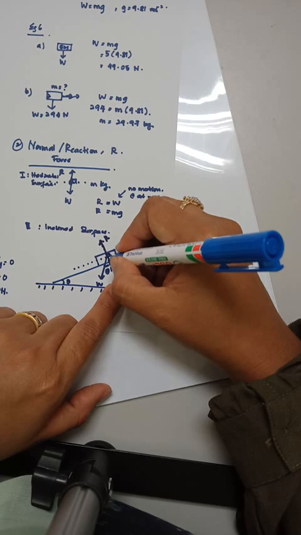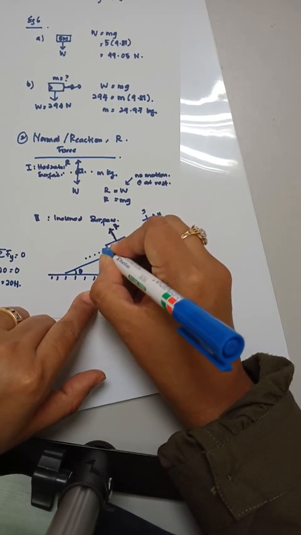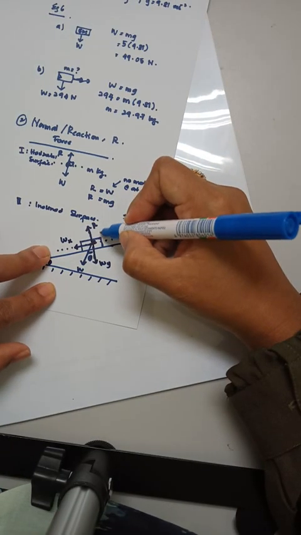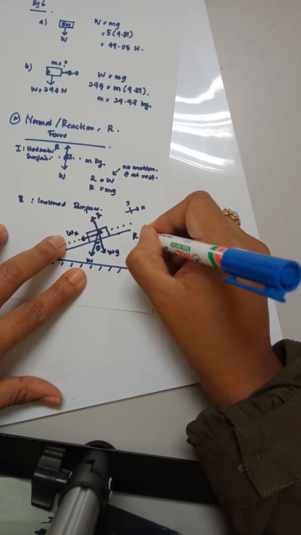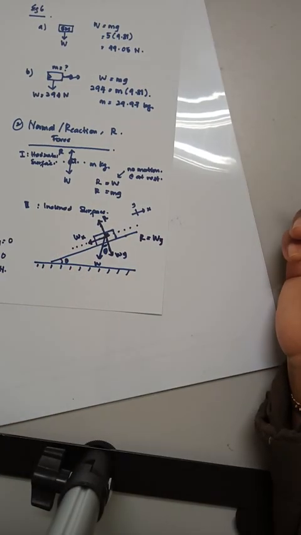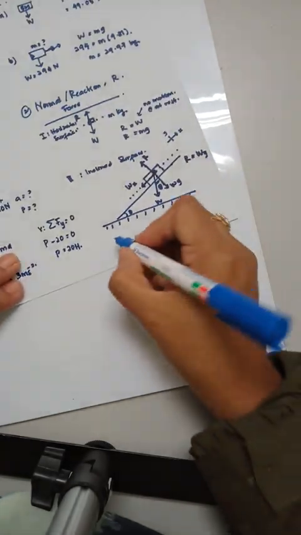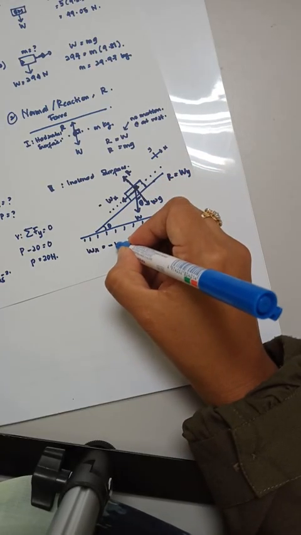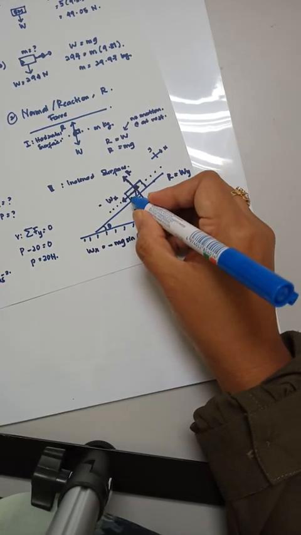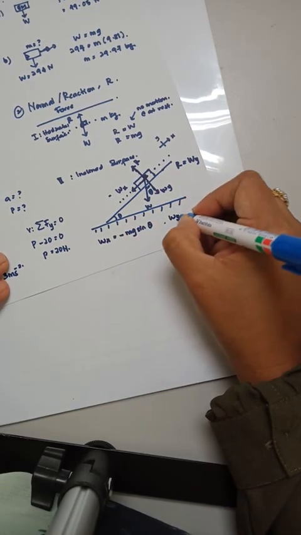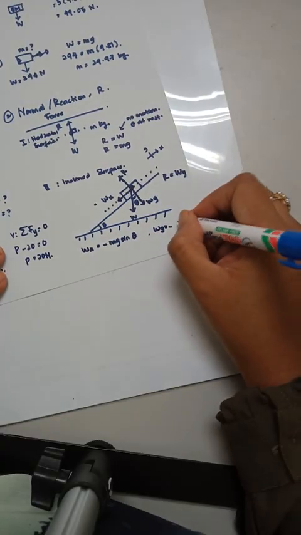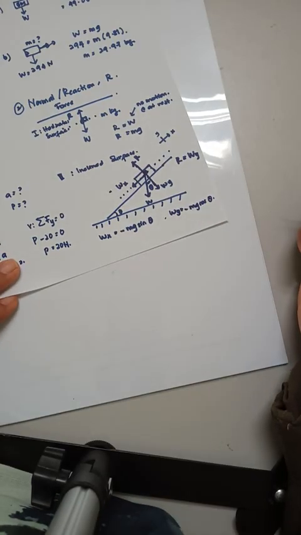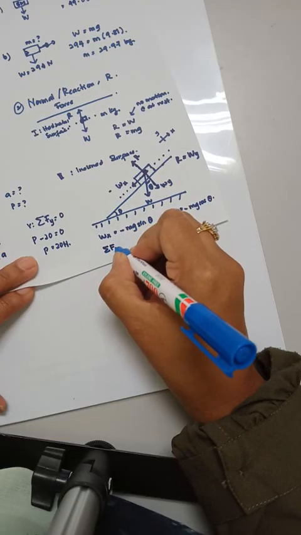So the weight will have components, which are WY and WX. R will be equal to WY, not W. To calculate WX, you have a negative because it points to the left, so negative mg sin theta. For WY you also have a negative, so negative mg cos theta. Since the sum of Fy is equal to 0, it does not move. So Fy is R plus WY, which will be 0.